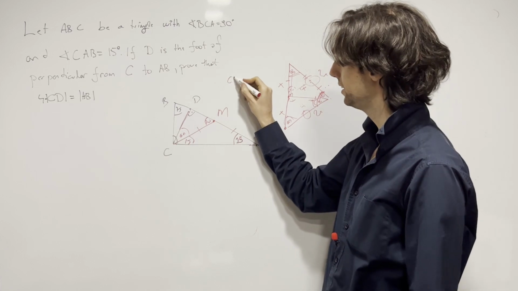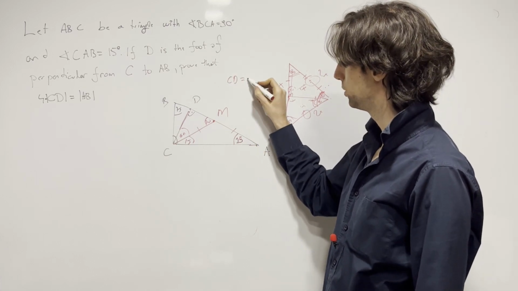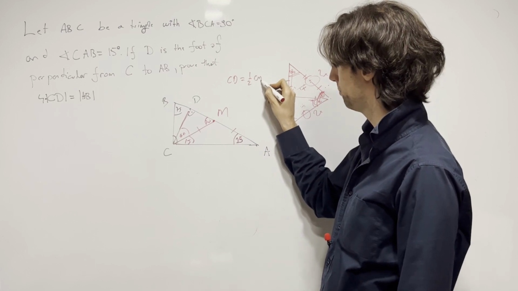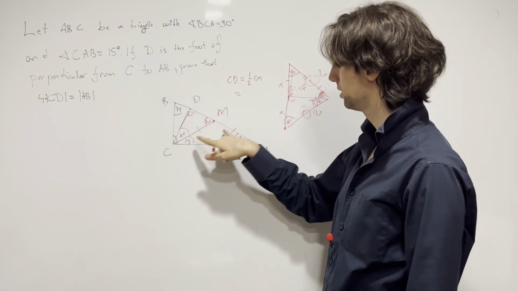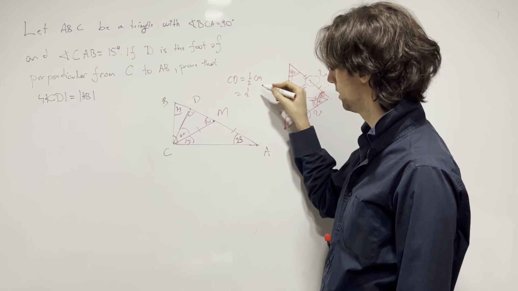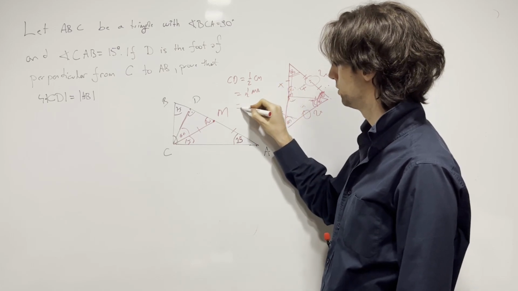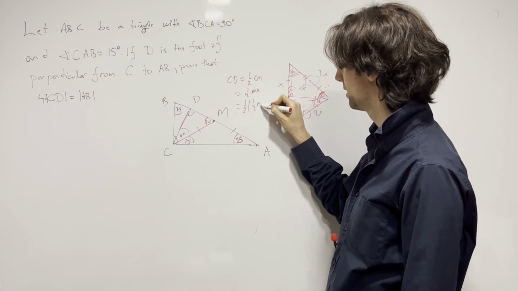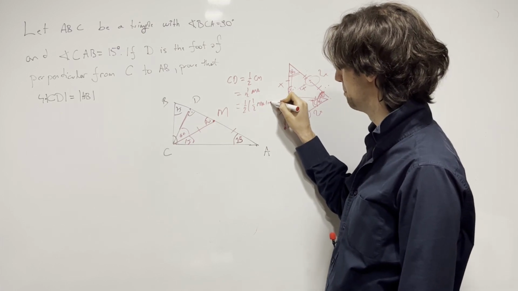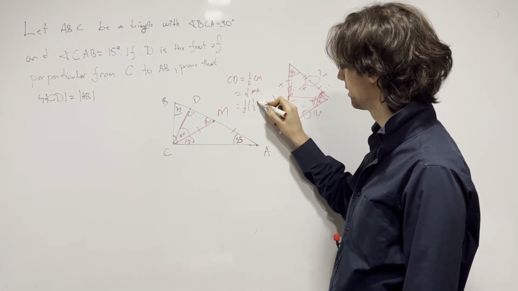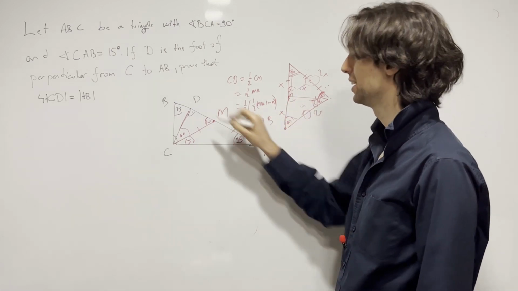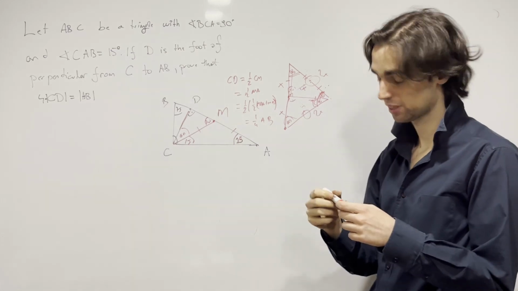So we have CD is equal to half of CM, and CM is equal to half of MA, which is equal to a half of MA plus MB, which is equal to 1/4 of AB, which proves our problem.